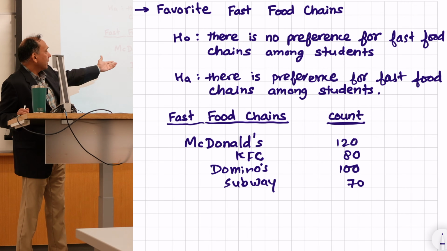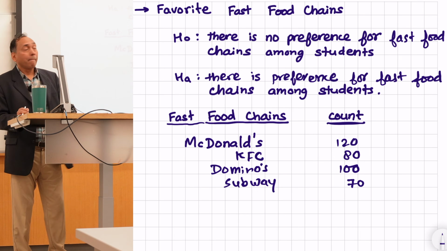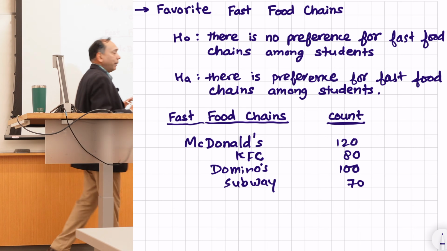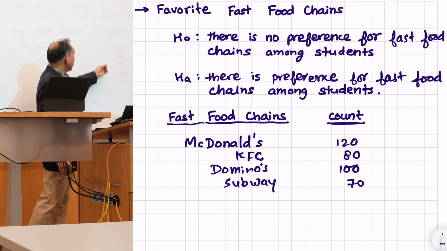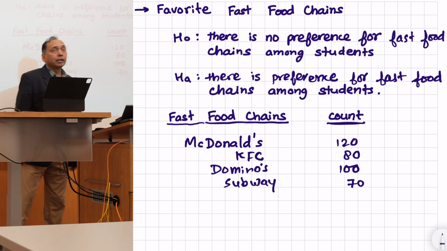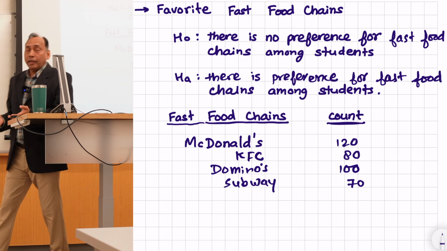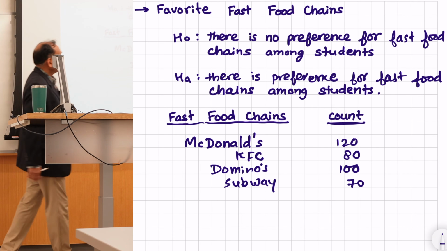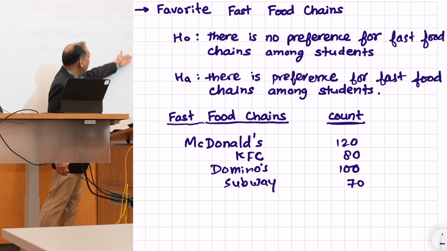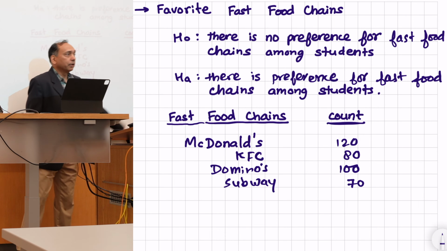Whenever you collect data, obviously there will be some variability in the data. All the numbers will never be exactly the same. So we have like 70, sometimes 80, 100, 120. You repeat this study again, the numbers may change. So maybe this becomes 75, this becomes 90 or whatever.